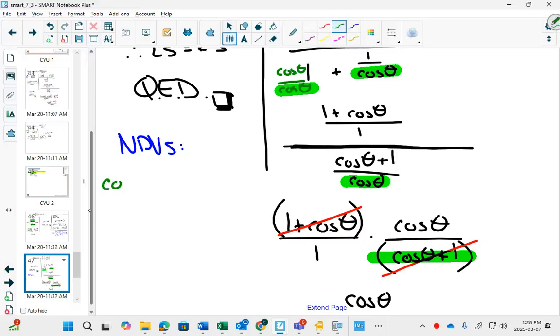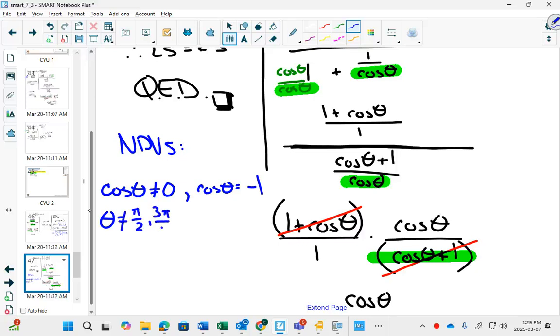We can say that we know that cos of theta can't equal 0. We also know that cos of theta can't equal negative 1, because that would be bad. Is cos of theta ever 0? It's your x-coordinate. Pi over 2 and 3 pi over 2. So we could say theta can't equal pi over 2 and 3 pi over 2.